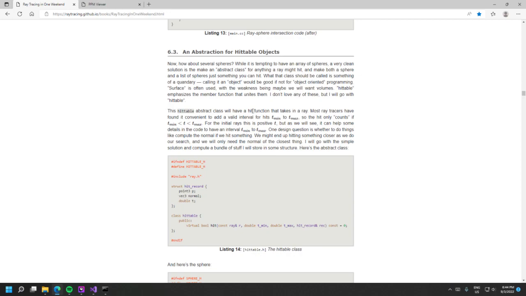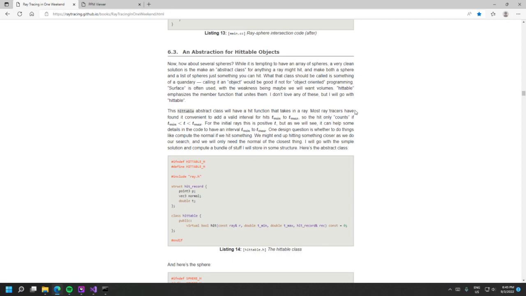And yeah, it has a hit function that takes in a ray. That's basically what I was talking about with the tree and the saw. It's a very classic design pattern in game development.